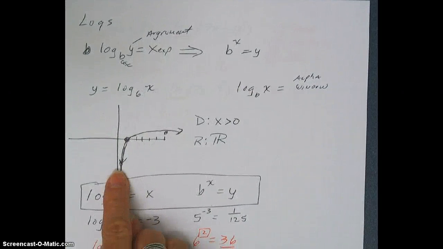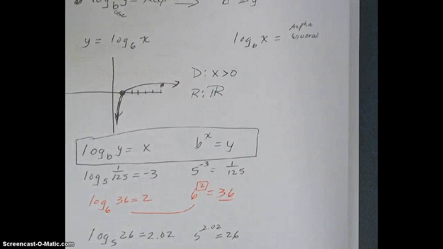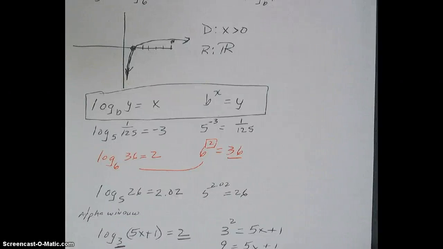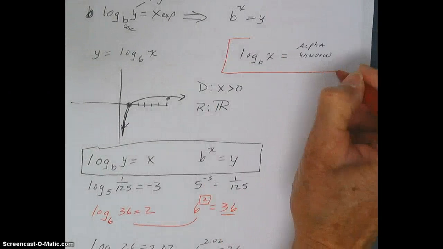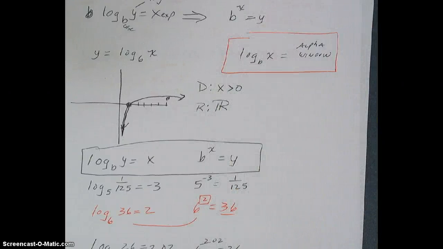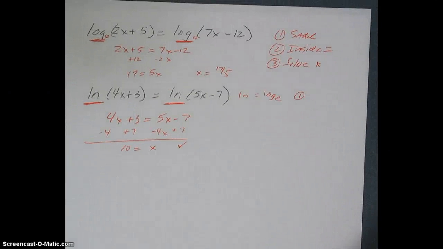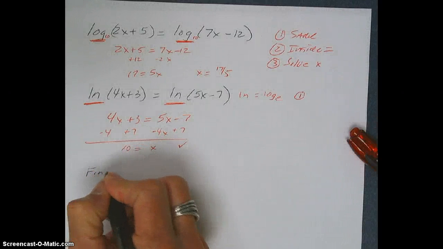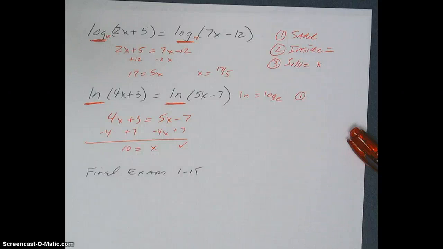You'll need to graph a log, and then you'll have to solve using your calculator. So again, make sure that you know how to punch your calculator out and then translate so you can solve some logarithms. Okay. These notes should be able to get you through the final exam review 1 through 15.